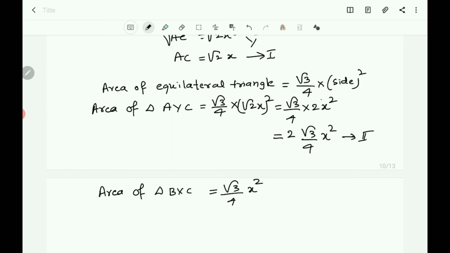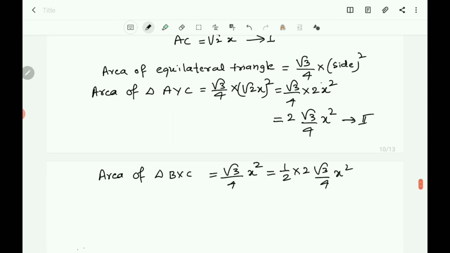And you know that here root 3 by 4 x square is nothing but half into 2 into root 3 by 4 x square, that is equal to half into area of triangle AYC, because this becomes the area of the triangle AYC.